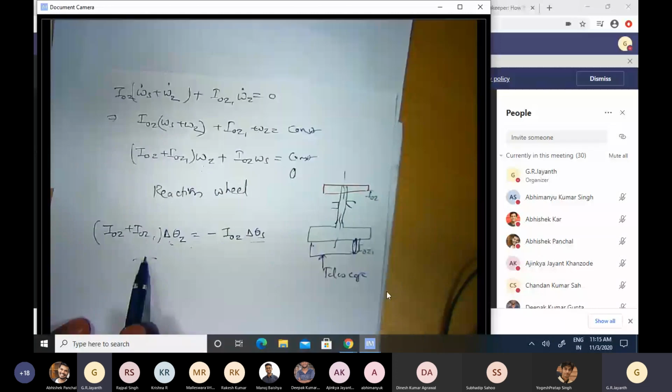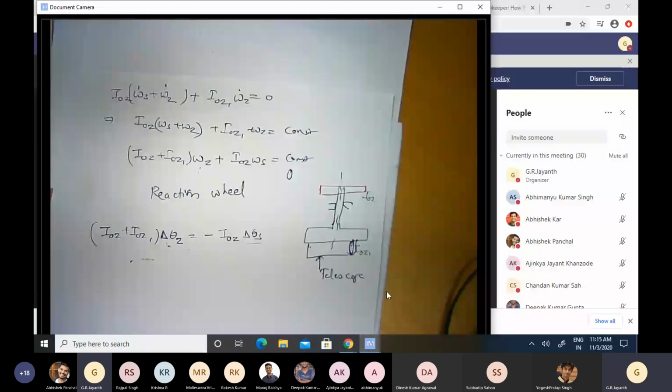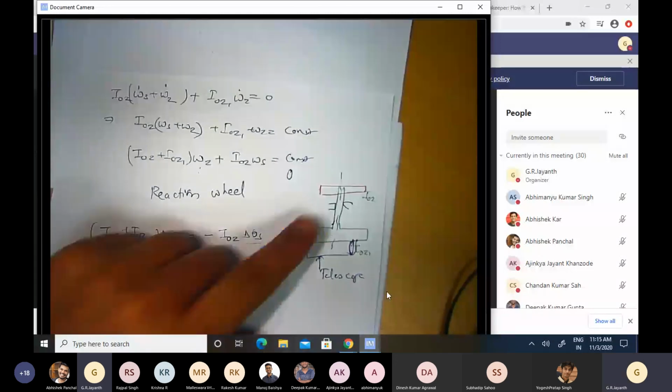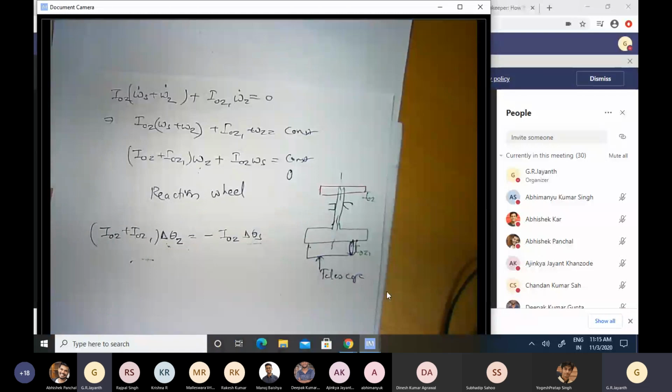Although this example is simple, it illustrates the principle that you can use these wheels to control the orientation of spacecraft in space. In particular, this is widely used in telescopes. For example, Hubble Space Telescope has reaction wheels integrated into it.